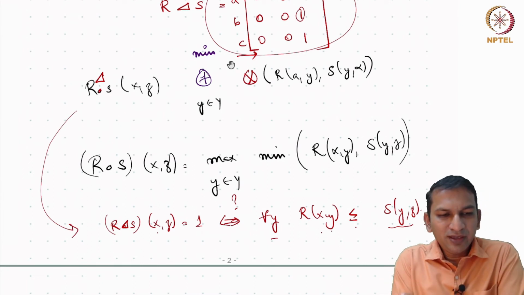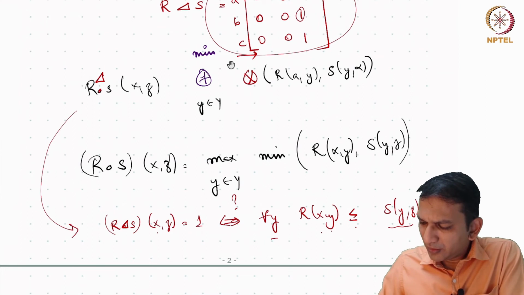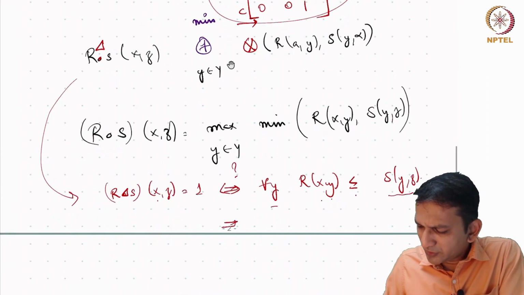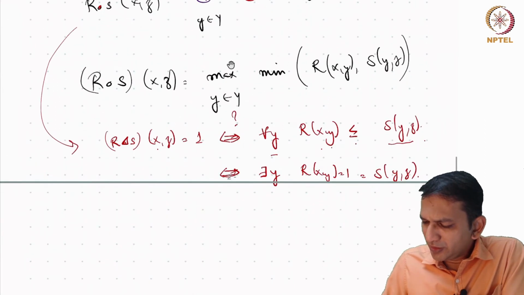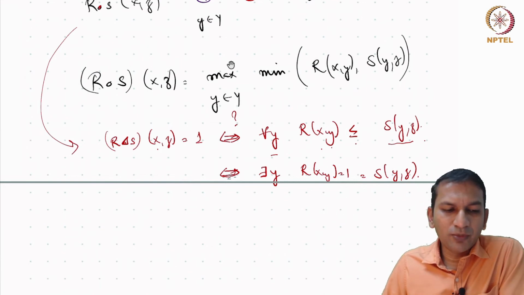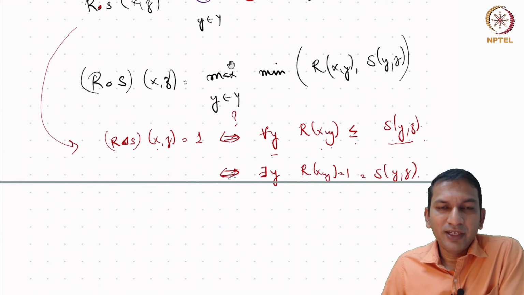So now you see here, earlier what we asked was, there exists y such that r of xy is equal to 1 is equal to s of yz. So here we insisted on r of xy being equal to 1. We are still talking about in the case of classical relations and composition.